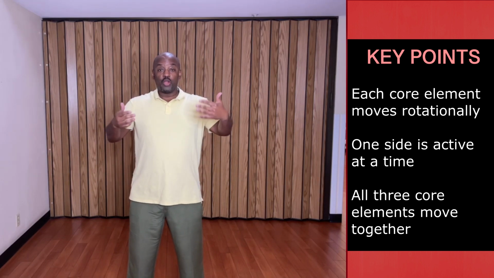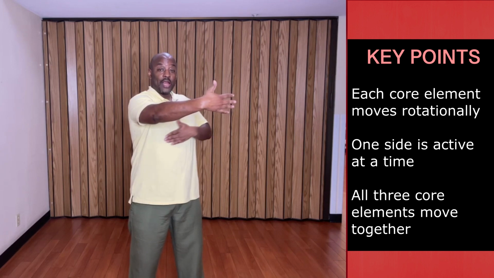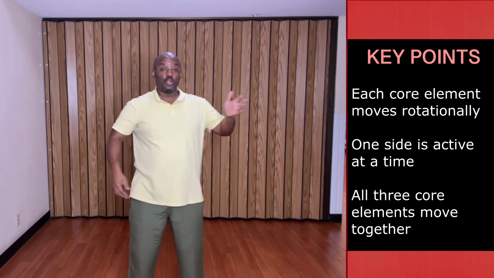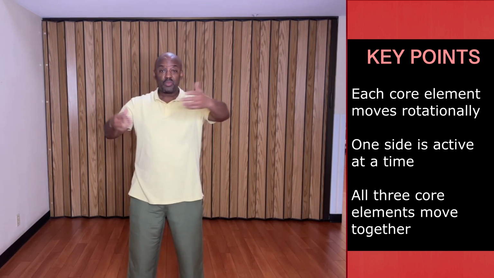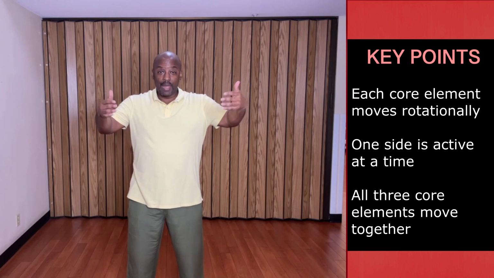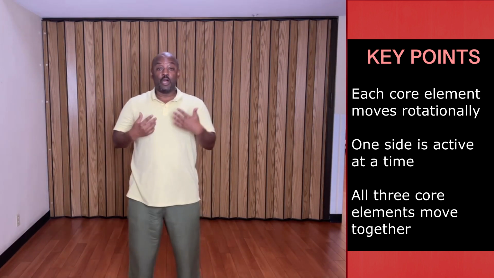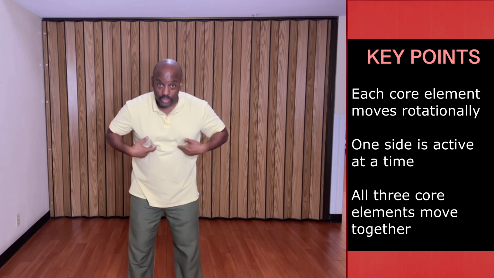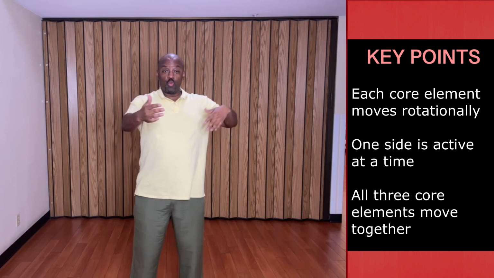When I say one side at a time, I mean I can turn counterclockwise from the right upper abdominal muscles, or I can turn clockwise from the left upper abdominal muscles. If I try to activate both of them at the same time, what happens is I get an overflexion of the spine because there is a flexion component to each one of these movements, which I've already explained. When I rotate one at a time, I can stay vertical.